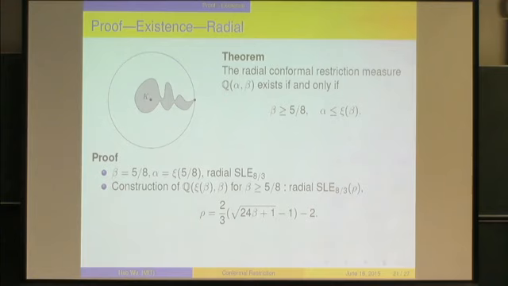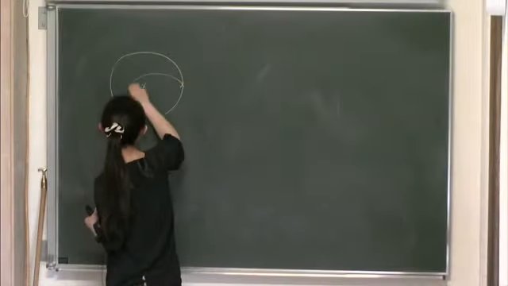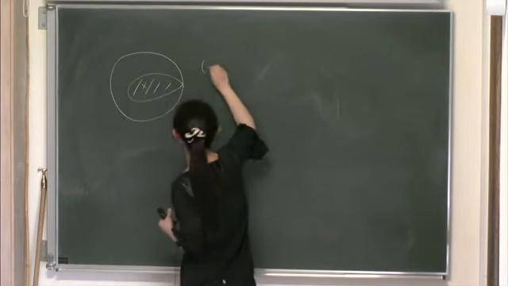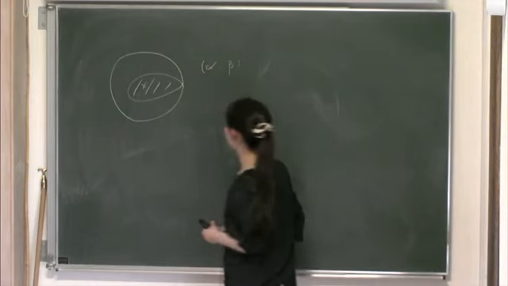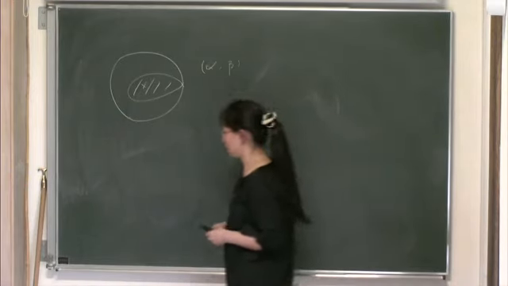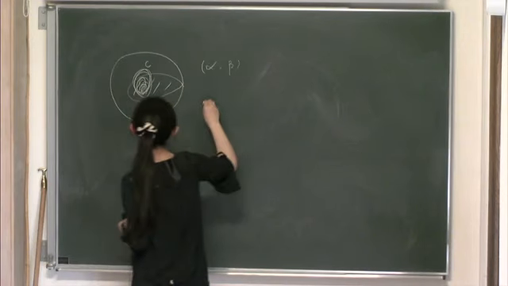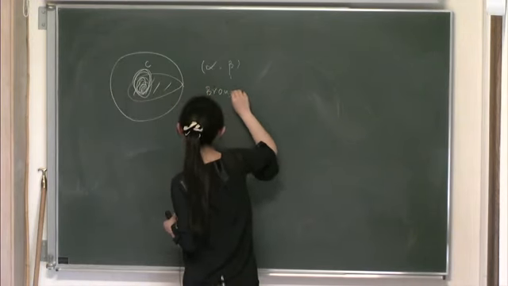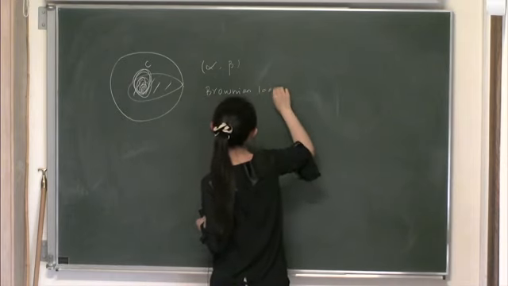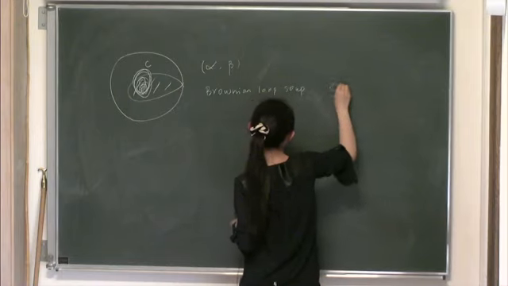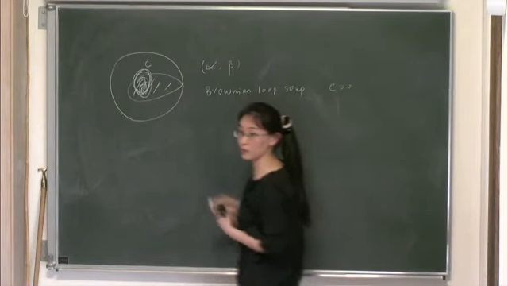Next, an important observation is: once we have a random set with radial restriction property, and the two exponents alpha and beta, we can add a Brownian loop soup with intensity C around our origin, and then we take the union of the two.